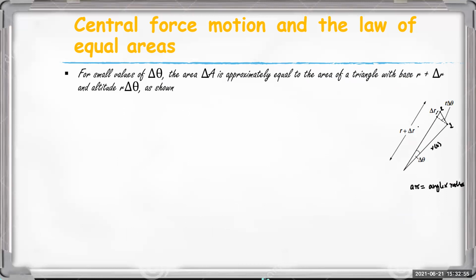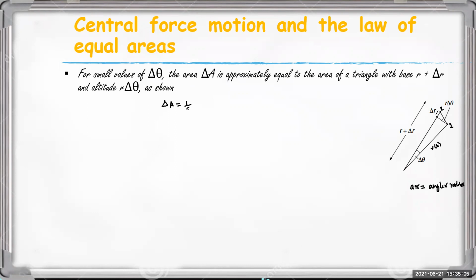Then what is the area of a triangle of this type? The area of a triangle having base B and height H is half BH.